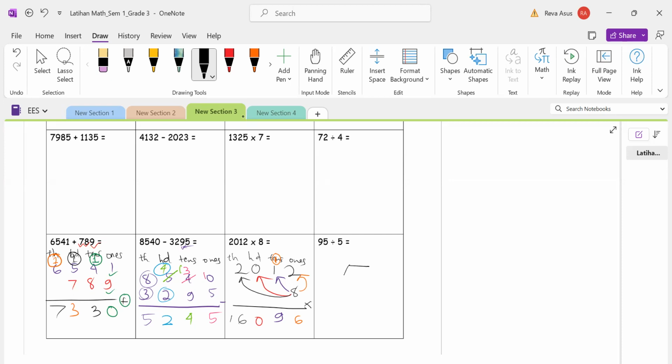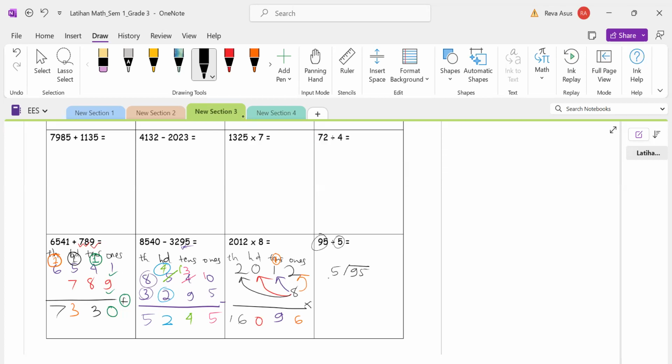This is the division sign for long division, and the dividend is 95. We put 95 as the first number inside, divided by 5, which is the divisor. We put 5 outside.